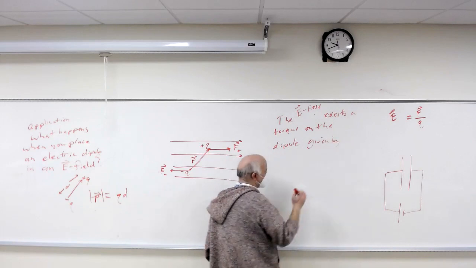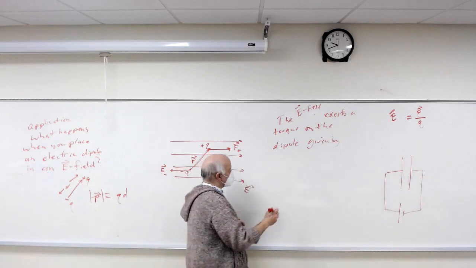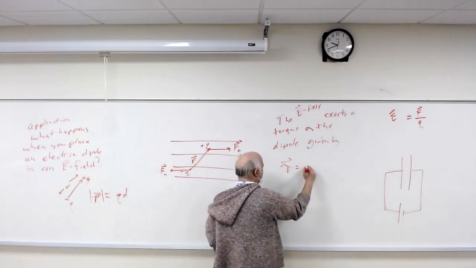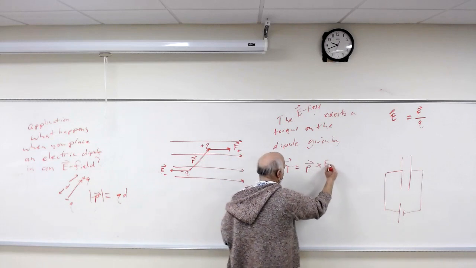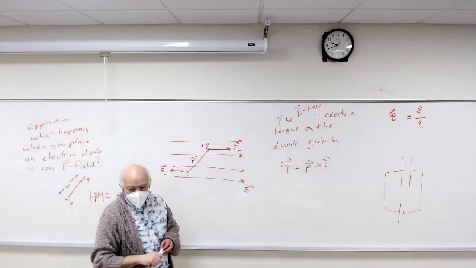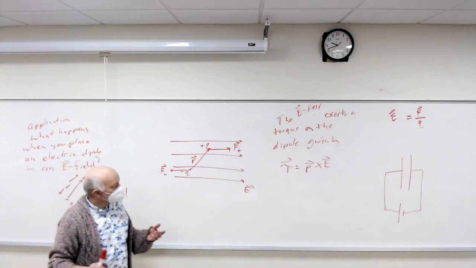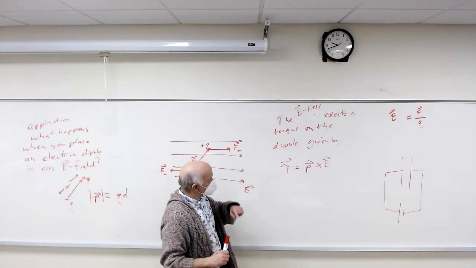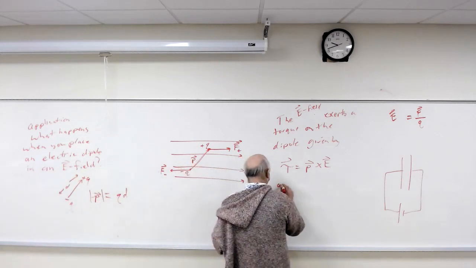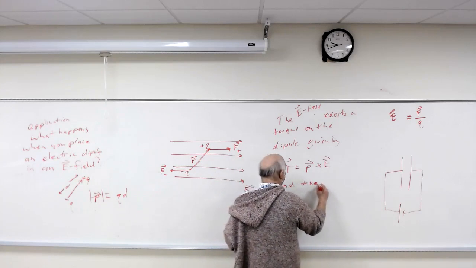What's that torque given by? It's not quite obvious. The torque tau is given by P cross E. I'm going to draw that.